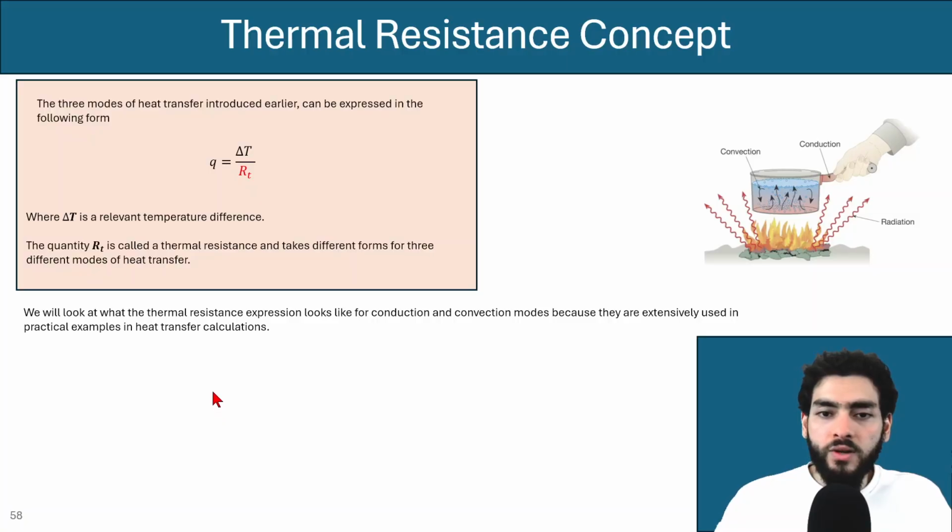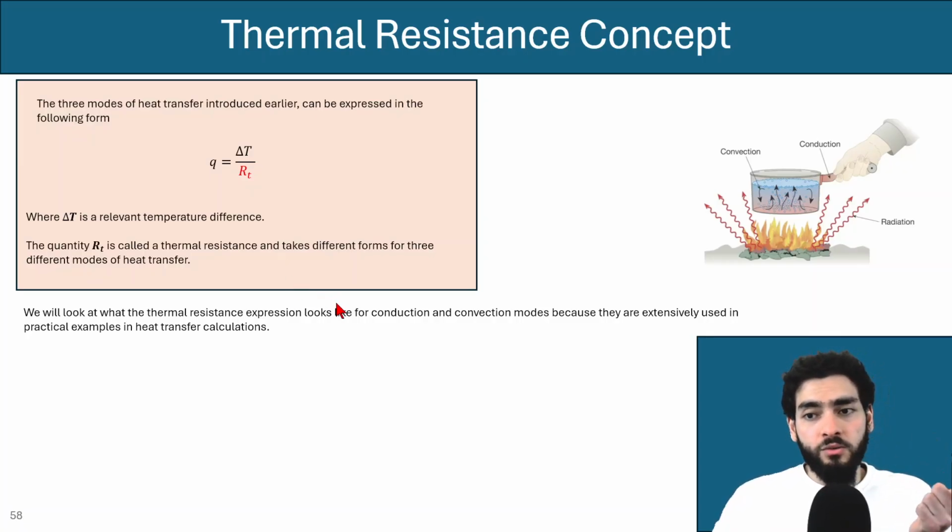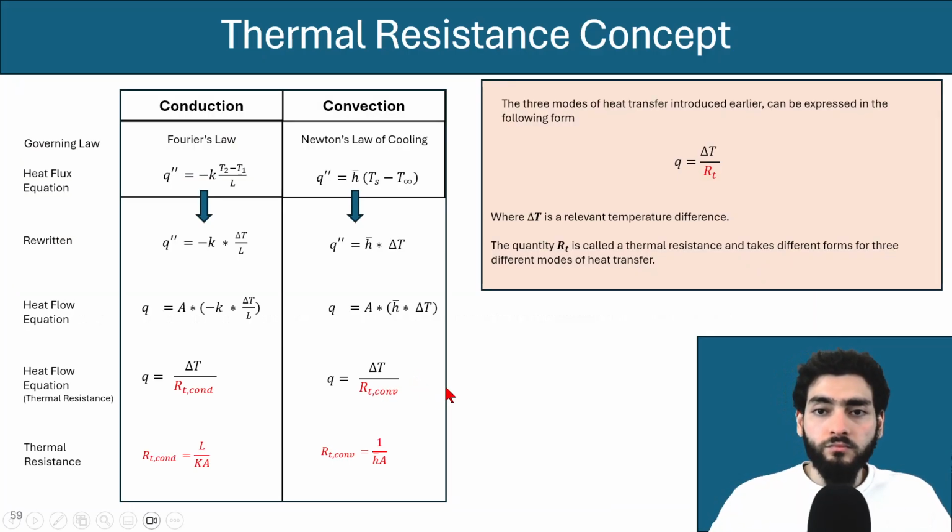So what we're going to do now is look at what the thermal resistance expression looks like for both conduction and convection modes, because they're the ones that are extensively used in practical heat transfer calculations. Let's first focus on conduction, then we'll look at convection. We start with Fourier's law because that tells us how to calculate the heat flux.